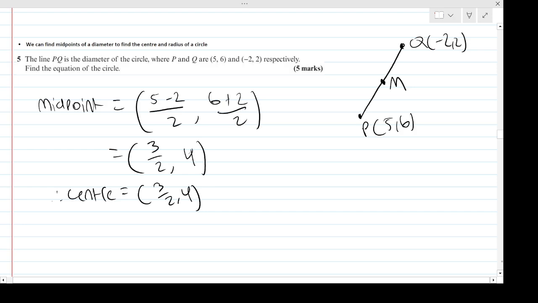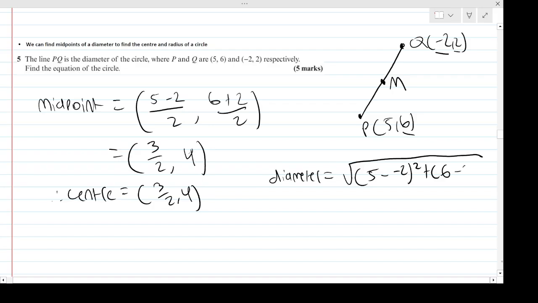But we also need a radius. Well, PQ is a diameter. Therefore, I can find the diameter by finding the distance between the points. So firstly, the distance. We do change in x. So let's do P: we have 5, then take away minus 2, all squared. Then we do the change in y, all squared, so we have 6, take away 2, all squared.